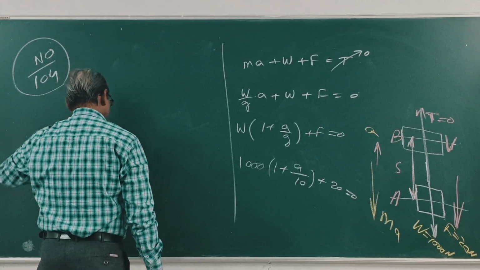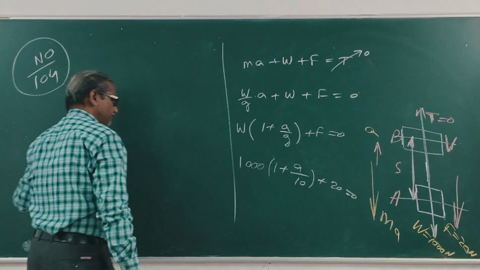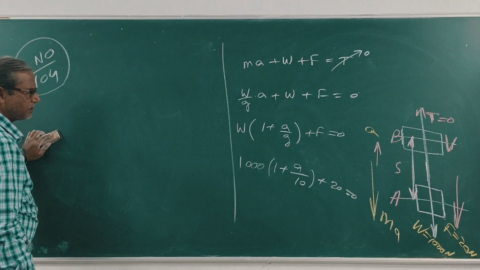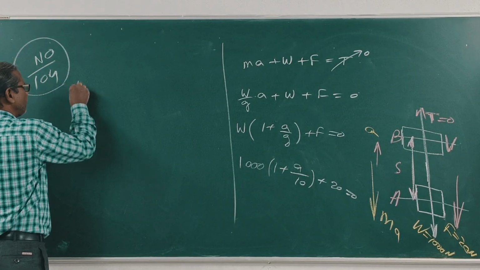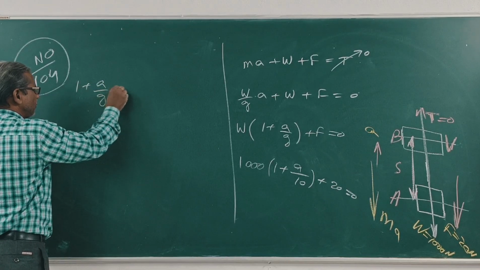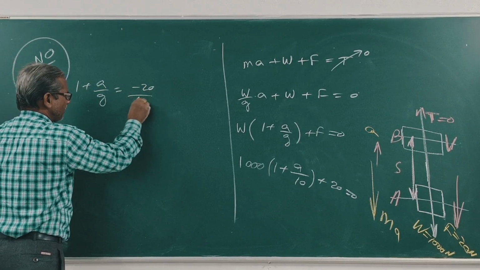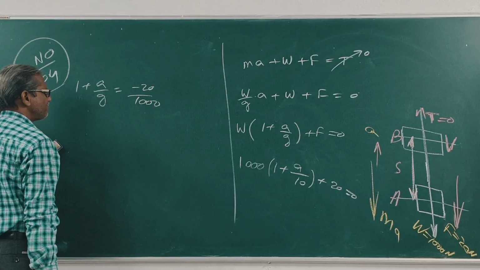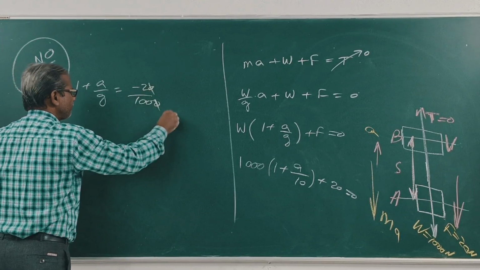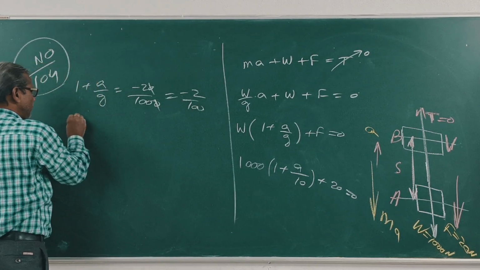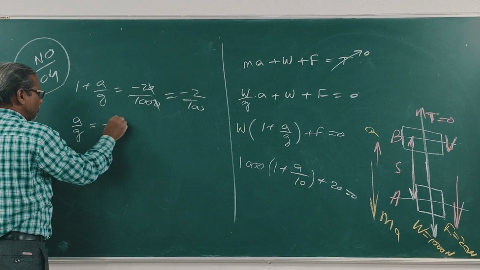Now, 1 plus A by G is equal to minus 20 by 1000, that is minus 2 by 100. So A by G is equal to minus 2 by 100 minus 1.